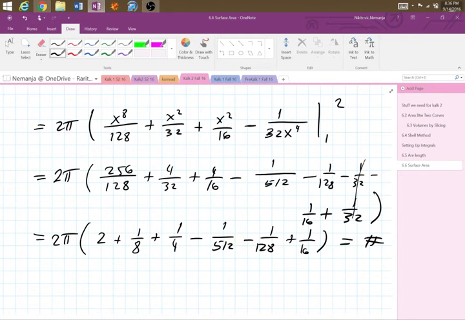I'm just going to skip all of those 6 steps in between and just write the solution. So 2 pi integral 1 to 2 x to the 4th over 8 plus 1 over 4x squared, and then times x cubed over 2 plus 1 over 2x cubed, and then dx.